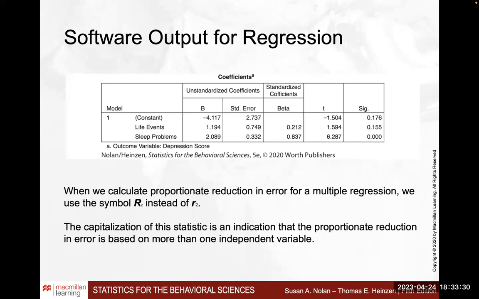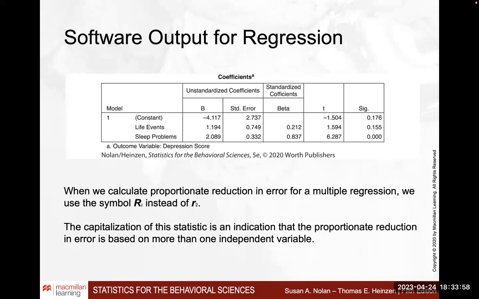Good. So the way SPSS organizes this, you see here the model outline. It contains a multivariable analysis with two variables. Multivariable means two or more variables included in the model. It contains the two variables, life events and sleep problems. It contains a constant. The constant in a regression equation is used synonymously with the intercept.